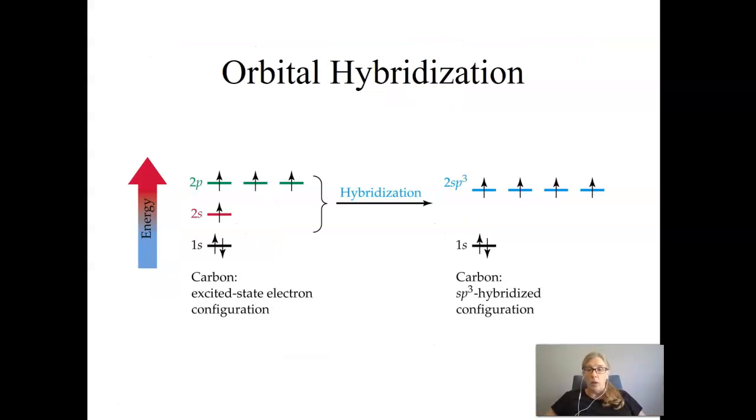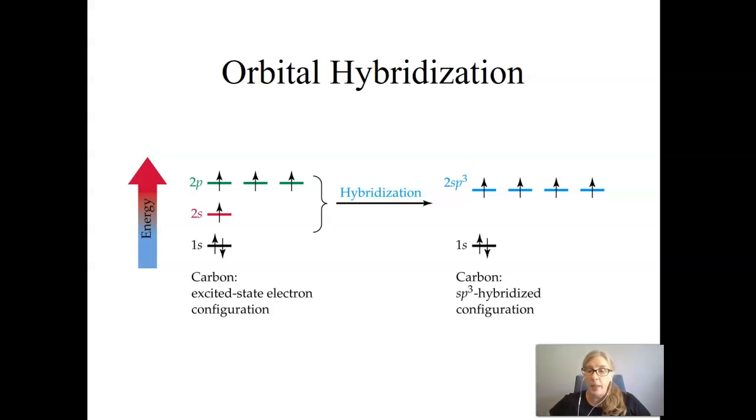So the model needs to be modified, and the modification we make is called hybridization. Hybridization is used to describe the arrangement of electrons around a central atom in a covalently bonded molecule.